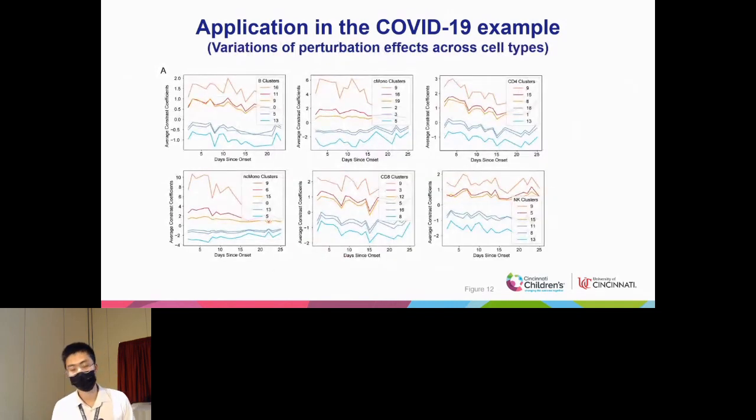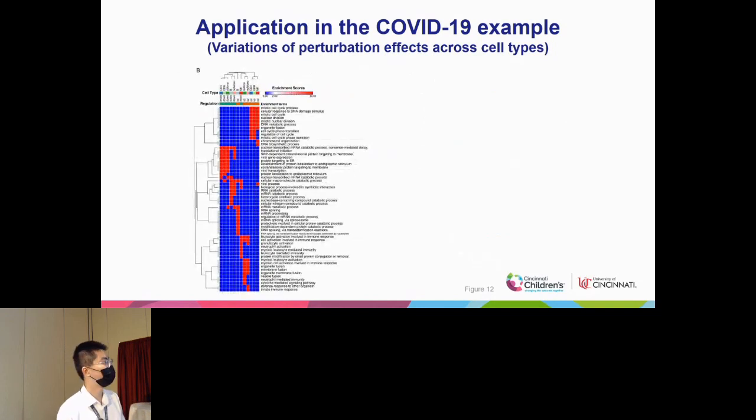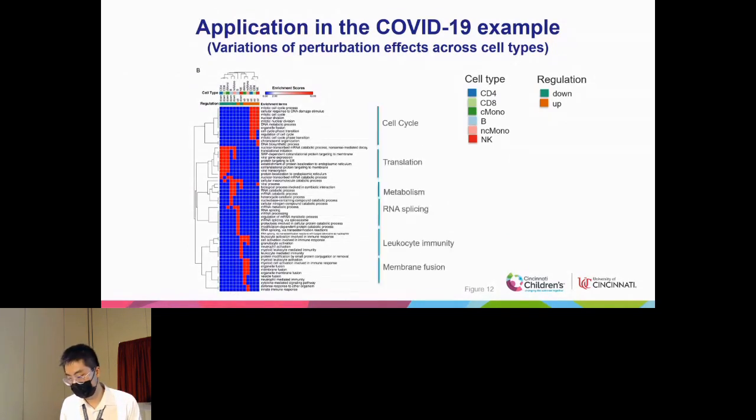And we also validate our approach across different cell types, because previously that was about one cell type. We looked at different cell types and identified very distinct patterns. And the gene enrichment result shows that the upregulated temporal patterns and downregulated temporal patterns can be associated with very distinct enrichment.